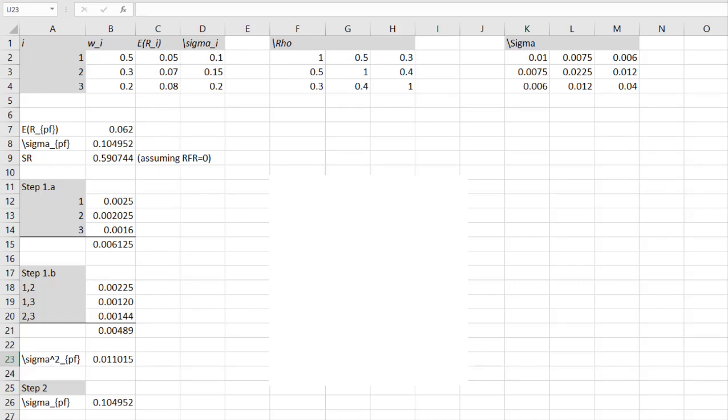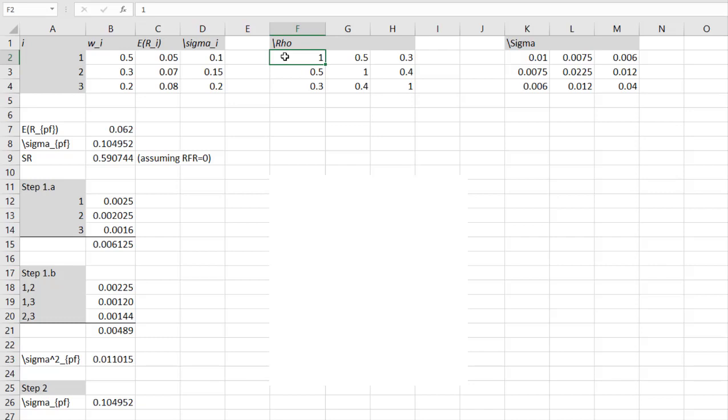I have calculated the portfolio volatility for the example that we have just seen also in Excel. You can see here the portfolio weights, the expected returns, and the volatilities of the constituents. Here you can see a correlation matrix. How to interpret this?